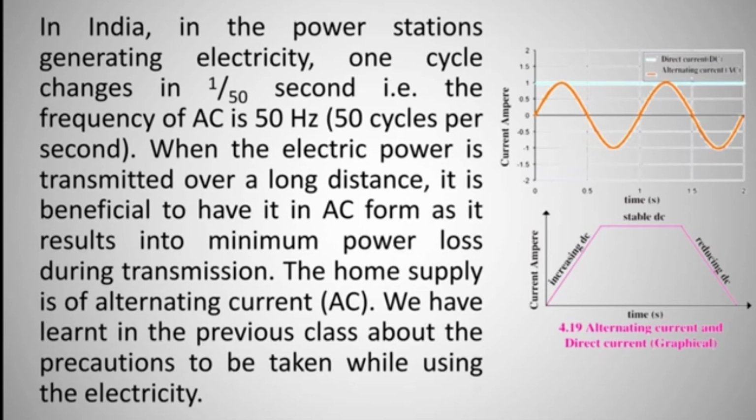When the electric power is transmitted over a long distance, it is beneficial to have it in the AC form, as it results in minimum power loss during transmission. The home supply is of alternating current, that is AC. We have learned in the previous class about precautions to be taken while using electricity.